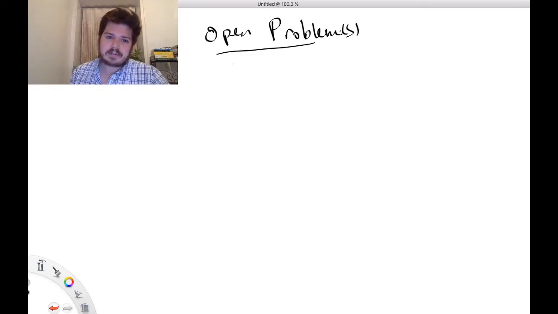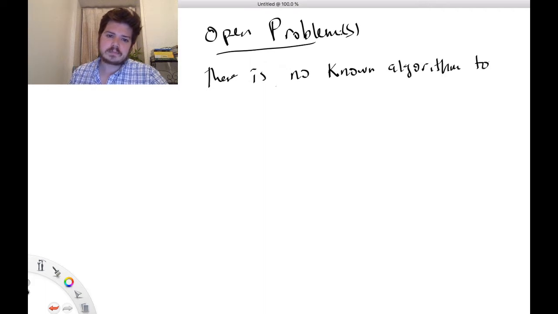There is no known algorithm to determine if two graphs are isomorphic or not.